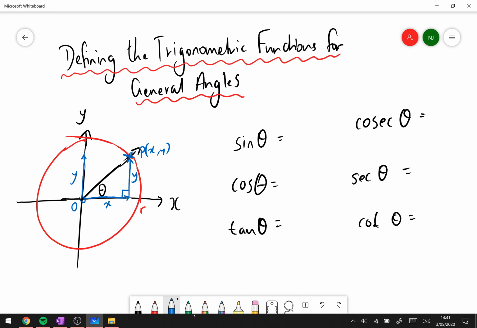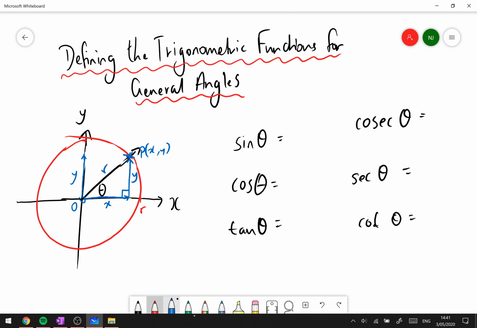That's a right angle in there because we've made a right angle triangle. The only thing we're missing is the length of this ray from O to the point. Because it's from the center to the outside of the circle, it's the same as the radius of the circle. So it is the radius.